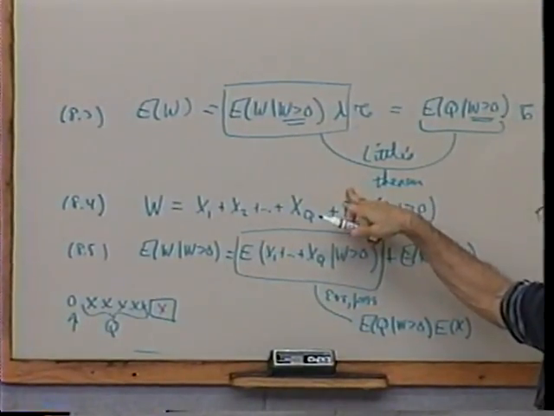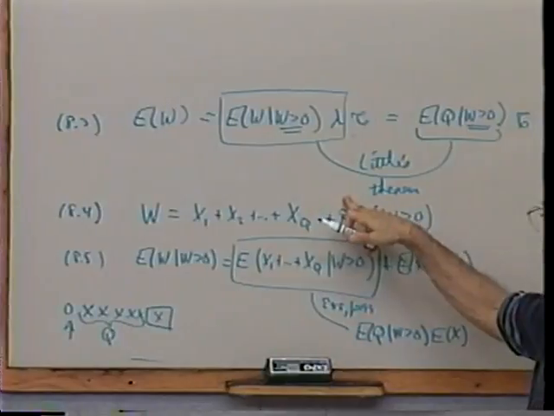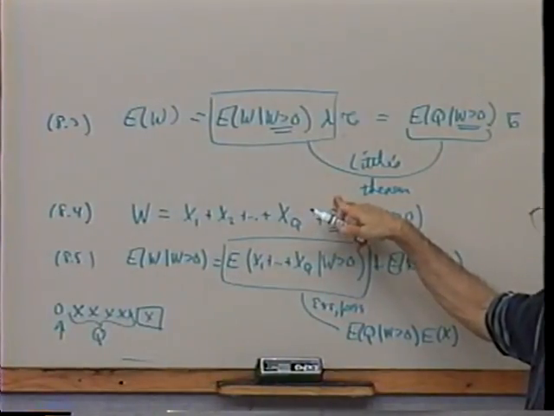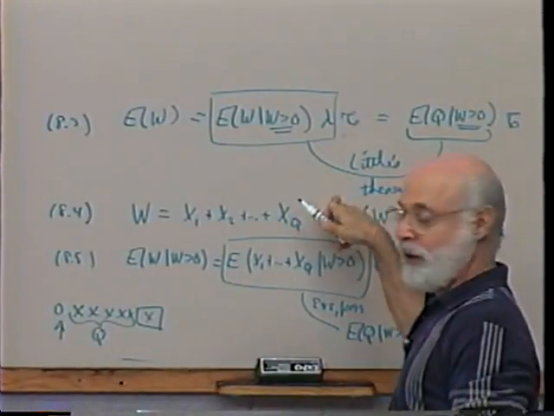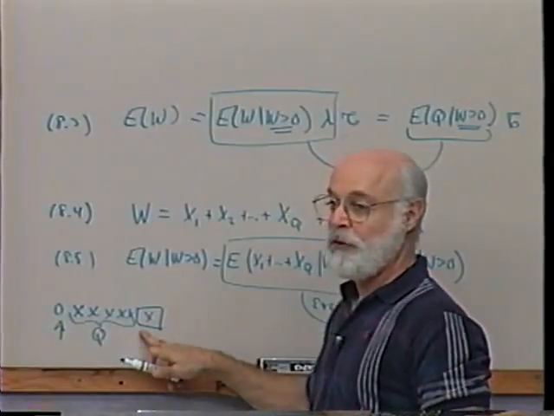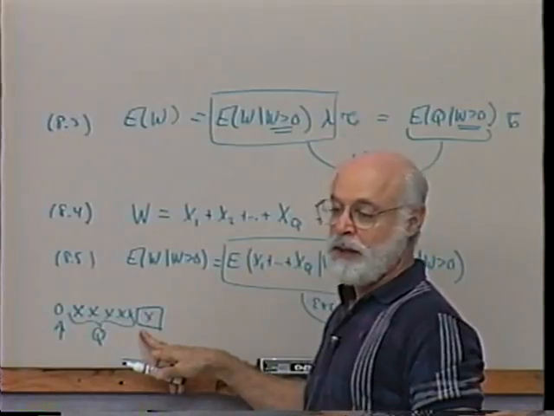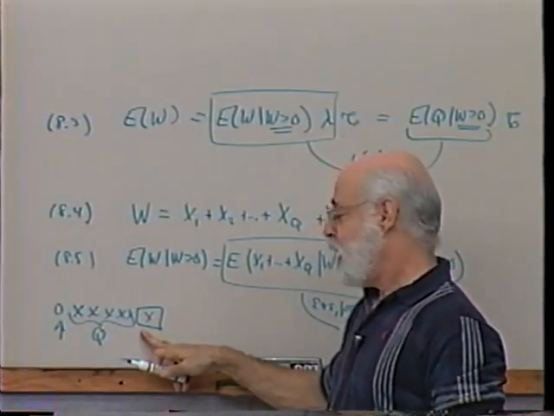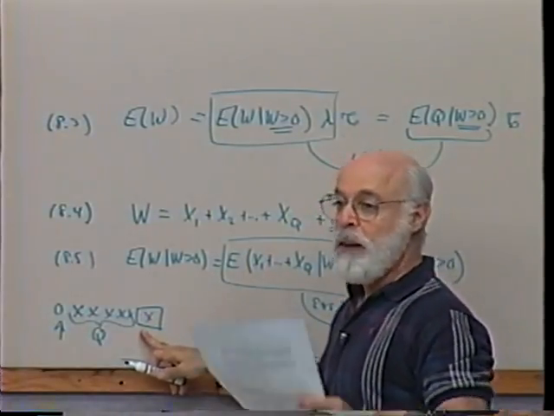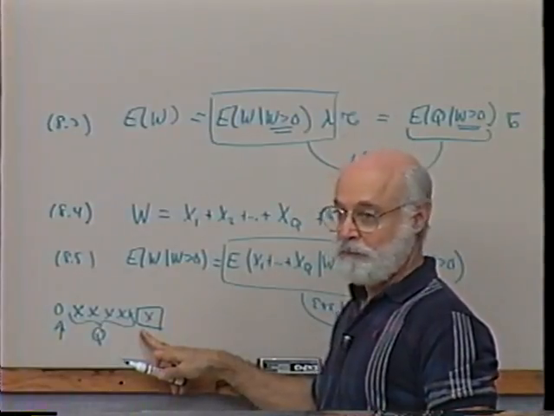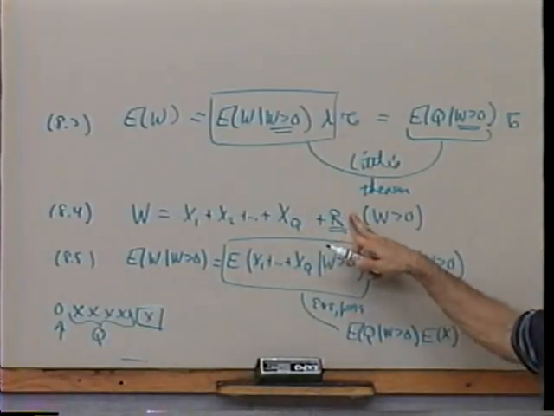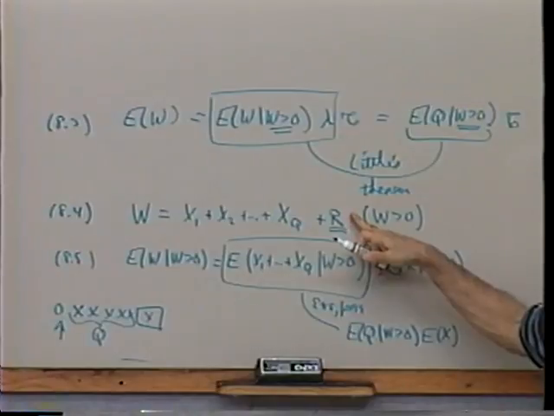Because when he arrives, either he arrives when the system is empty, in which case he doesn't wait at all, or he arrives when it's not empty. If it's not empty, then somebody's in service. And that means that he arrives in the middle of that person's service time, and that means that his waiting time includes the remaining service time that he interrupted. So there it is, and that's why renewal theory is relevant.